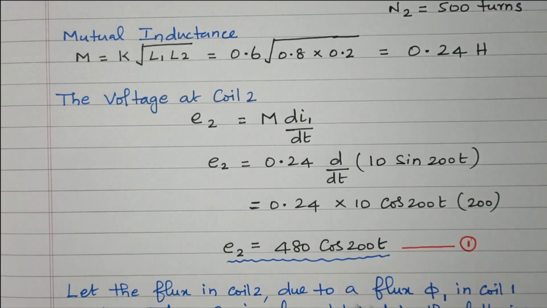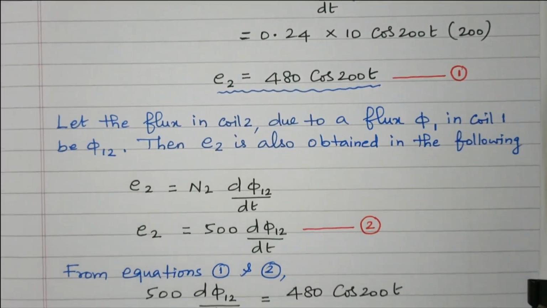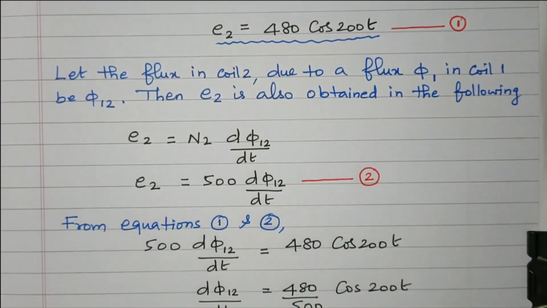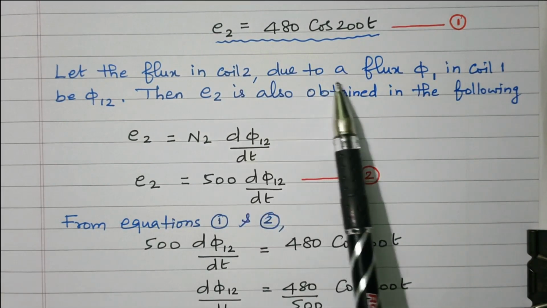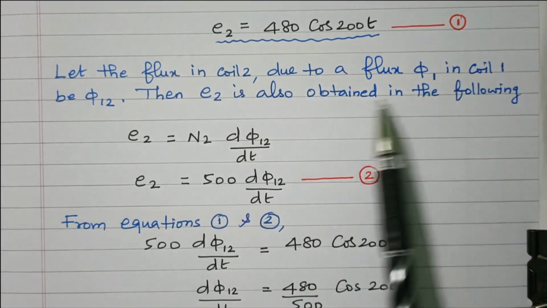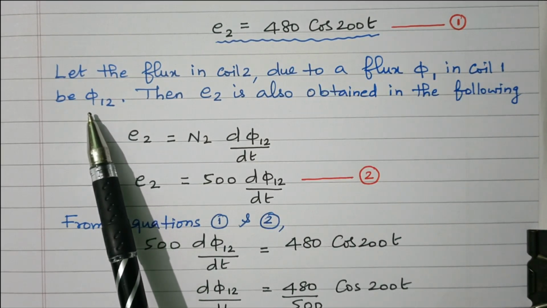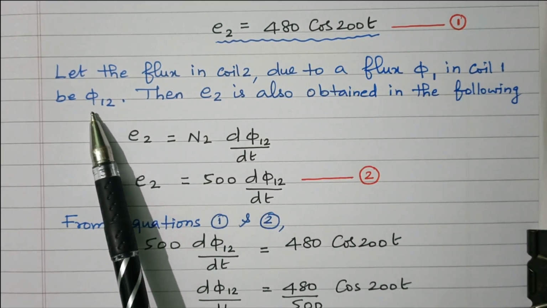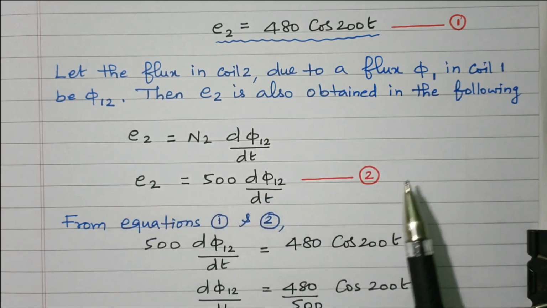Now we'll go to the second question: the maximum flux set up by coil 1. Let the flux in coil 2 due to a flux φ1 in coil 1 be φ12. Then E2 can also be obtained as follows.